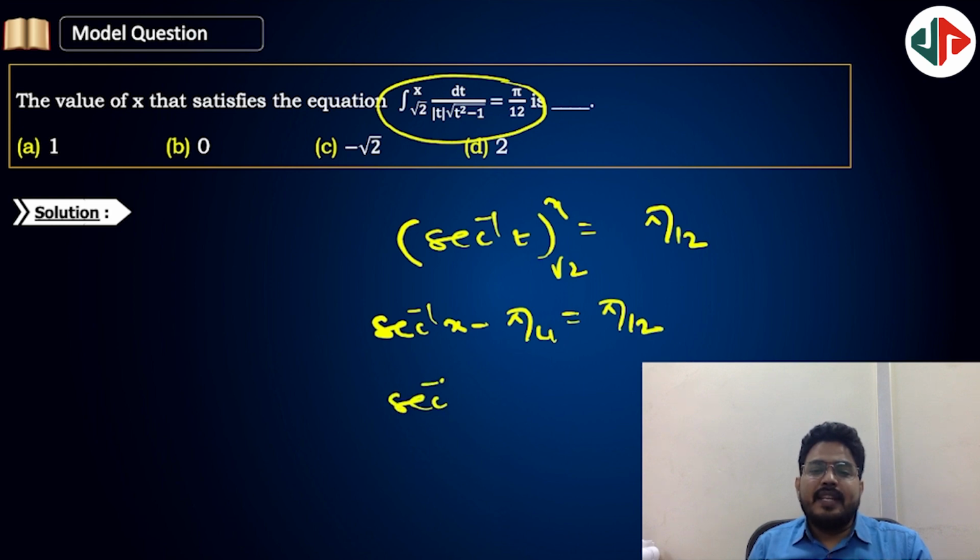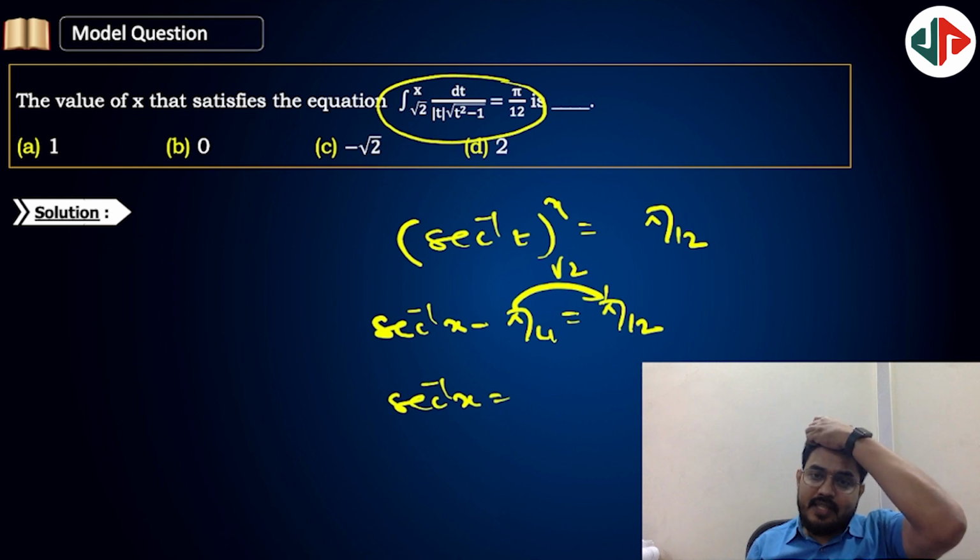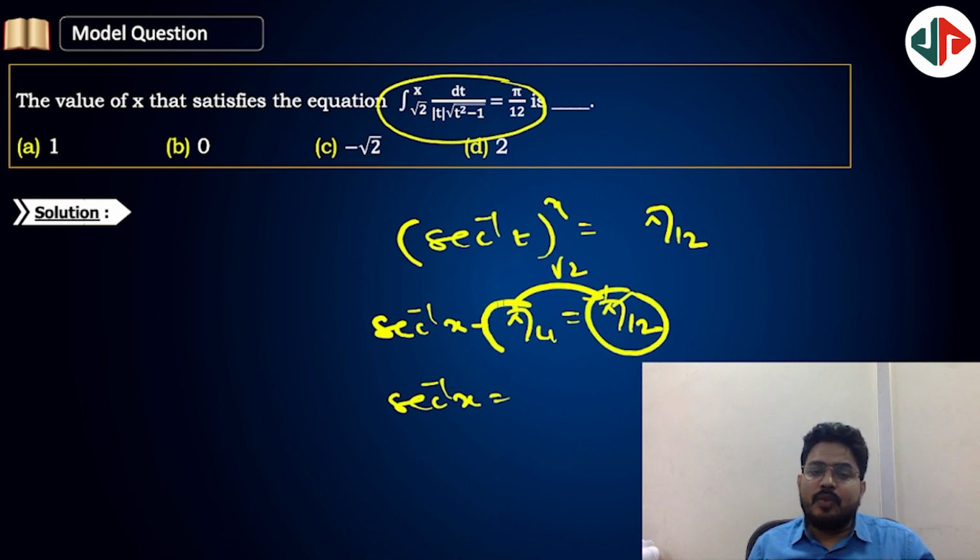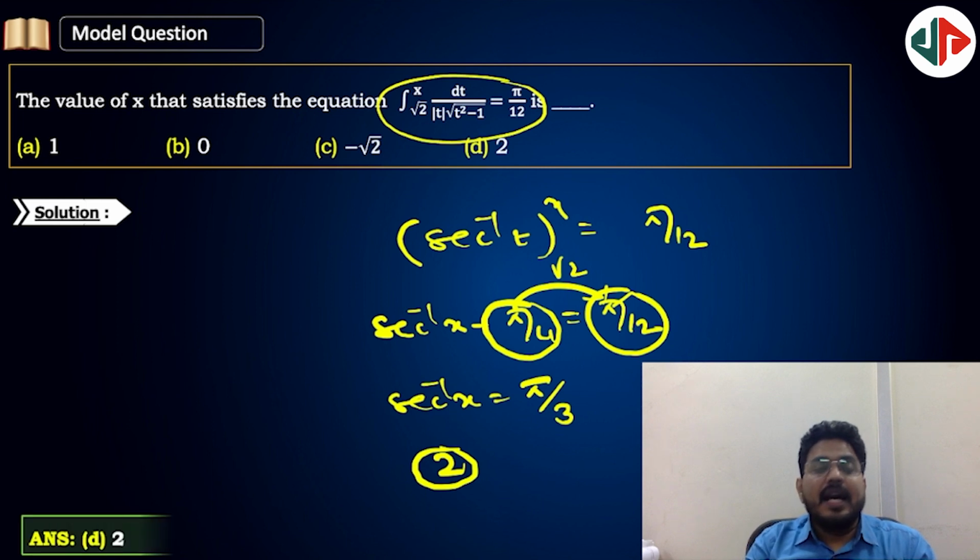So secant inverse x is equal to, this pi by 4 goes this side, so pi by 12 and pi by 4. Answer will be equal to pi by 3. So x is equal to 2 is the answer, because this is integral dt by this one is secant inverse t.